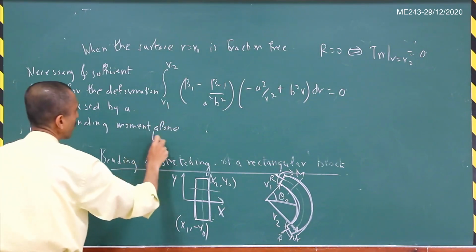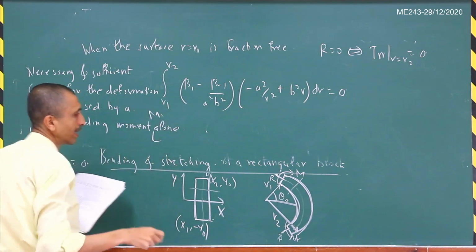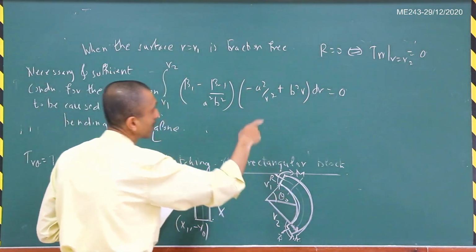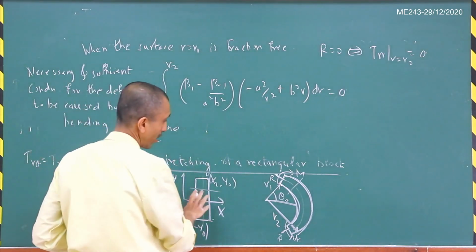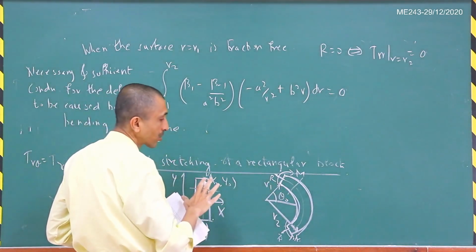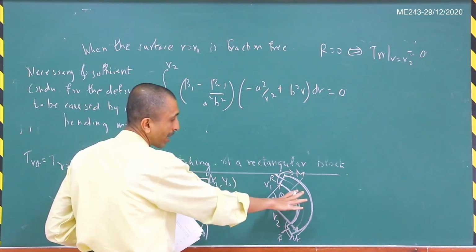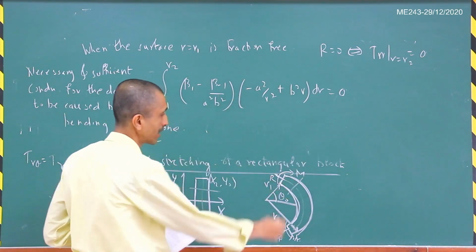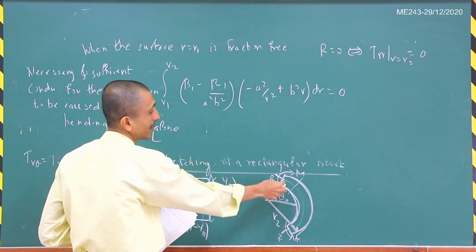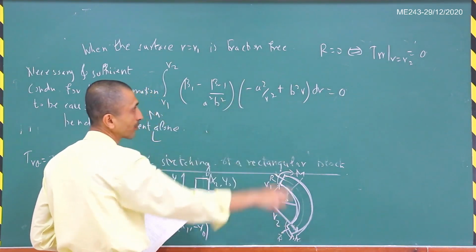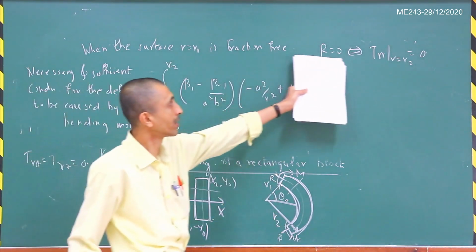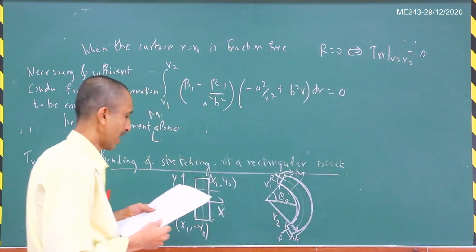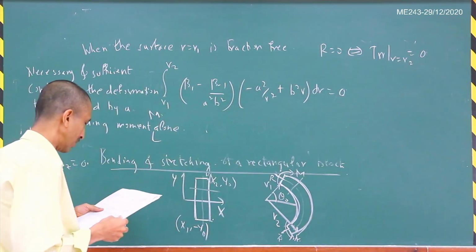So this bending moment is M, whatever I indicated here. So basically this deformation is caused by a bending moment alone if this condition is satisfied. Okay, so that means this condition is basically saying that this R is equal to 0. So that is the condition here, that is what is written here, that tau R at R equal to R2 is equal to 0 here.